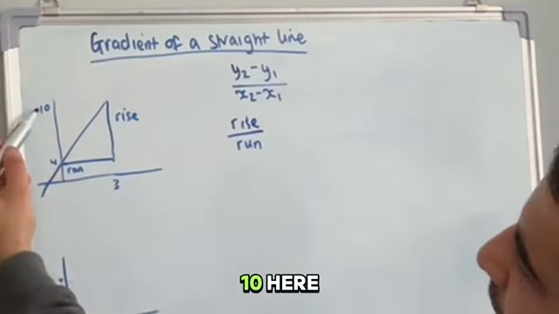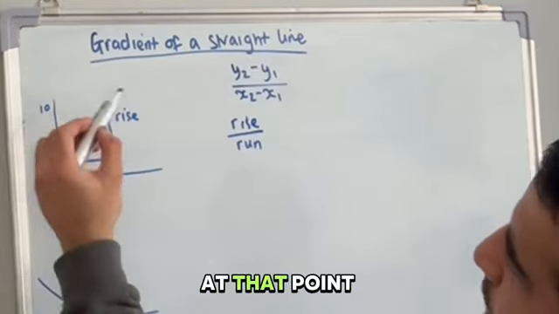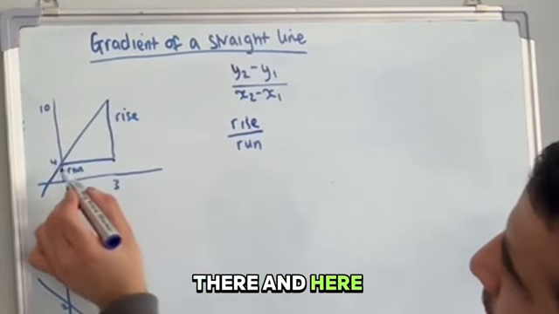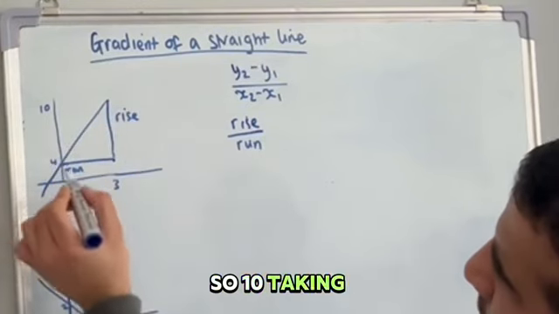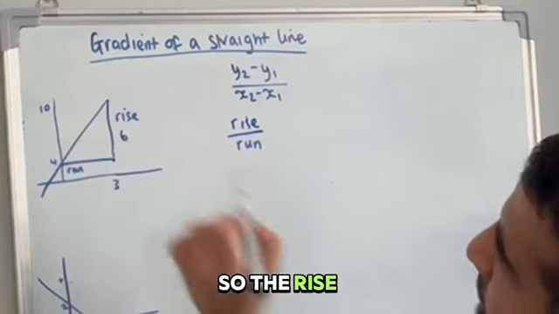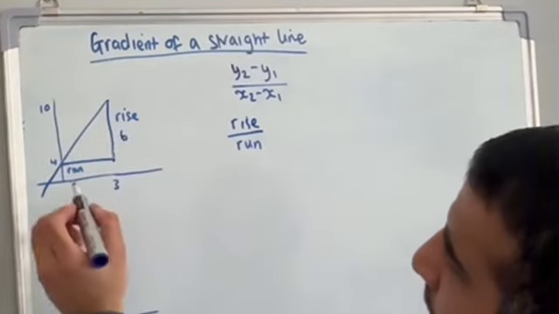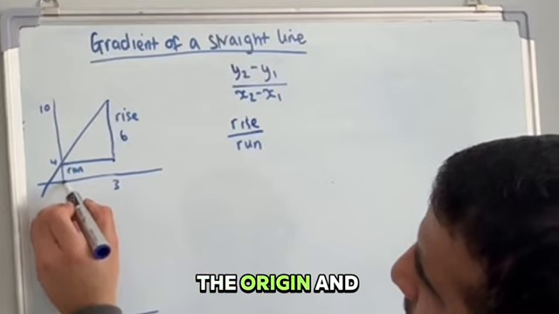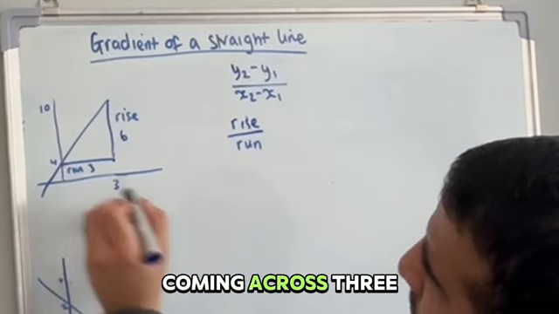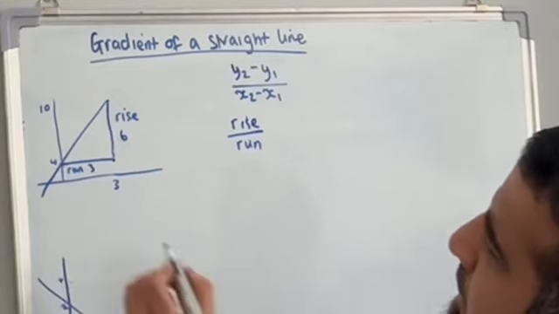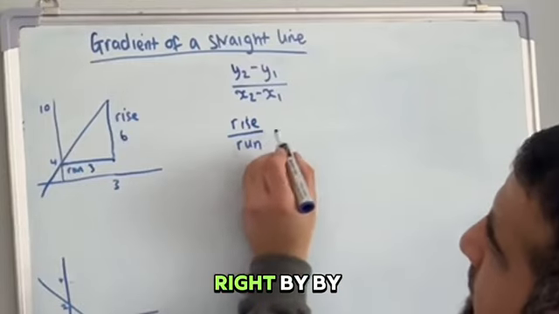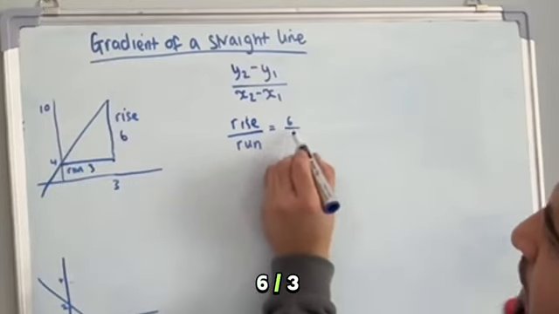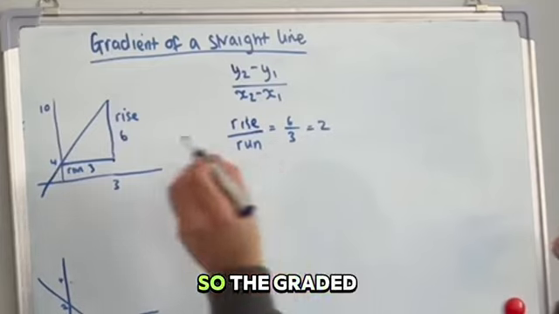So if that's 10 at that point there, and here it's at 4, so 10 take away 4 is 6. So the rise is 6. And then if this is 0, because this is the origin, and this is 3, that means we're coming across 3. So in this instance, rise divided by run would be 6 divided by 3, which equals 2. So the gradient would be 2.